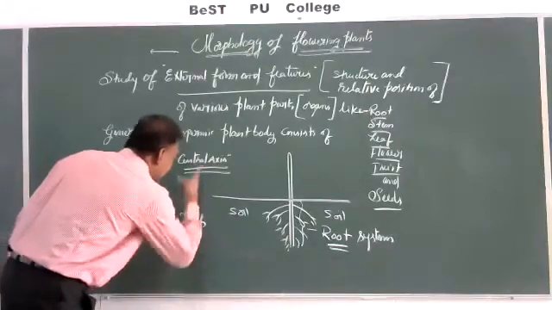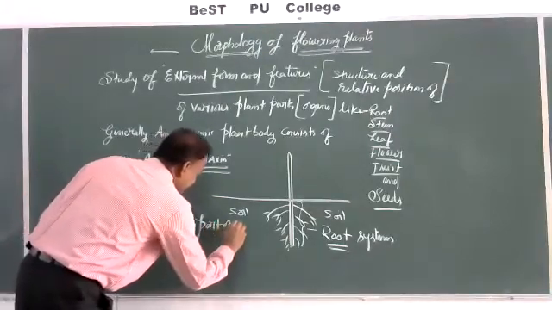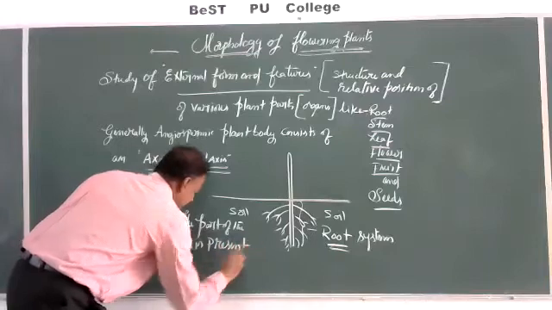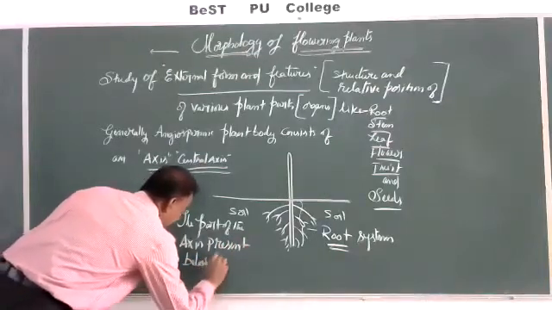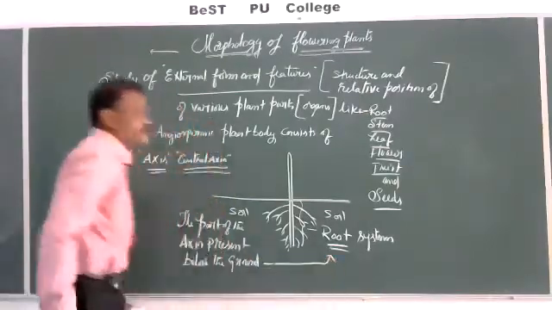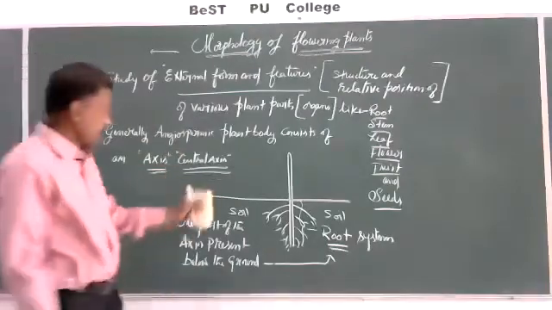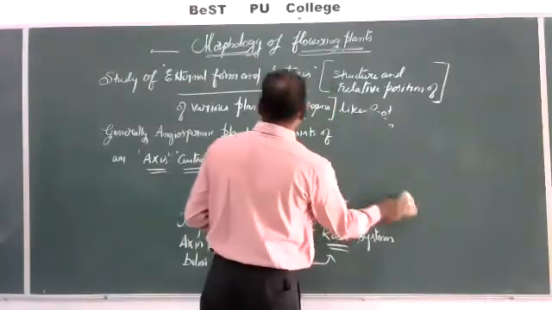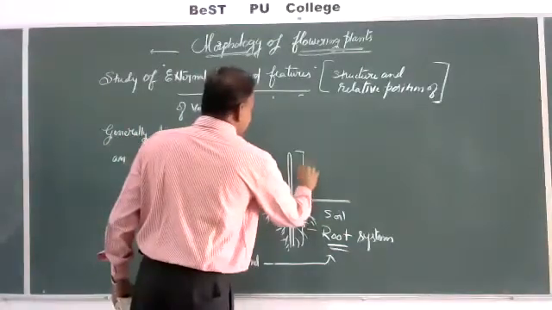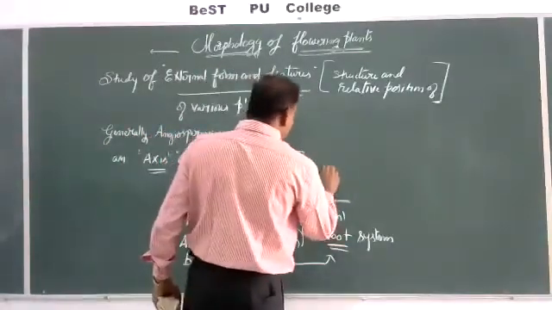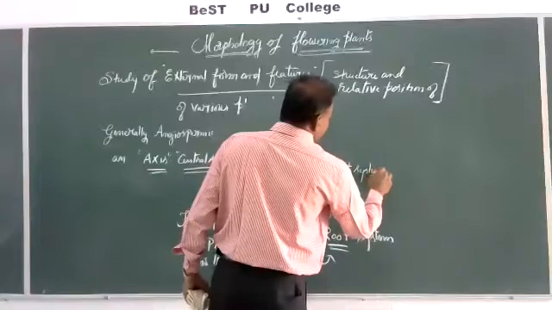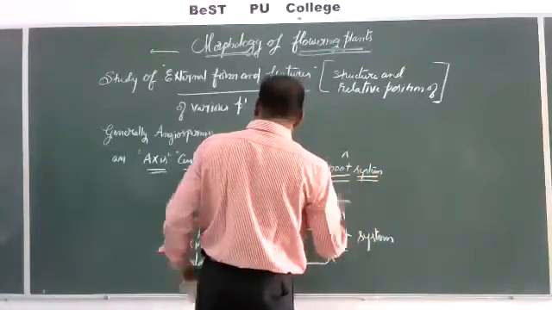The part of the axis present below the ground is called the root system, and the part of the axis which is present above the ground is called the shoot system.